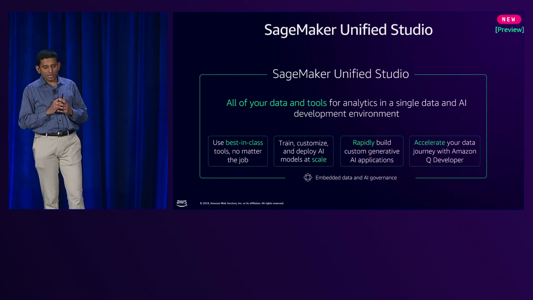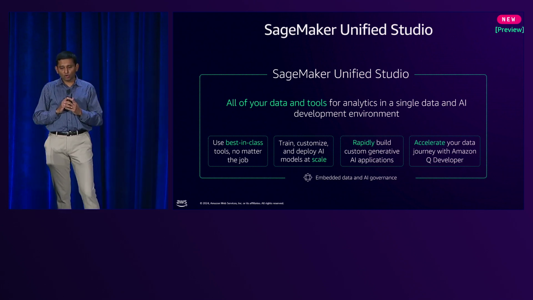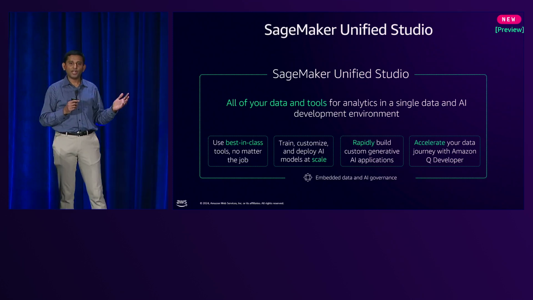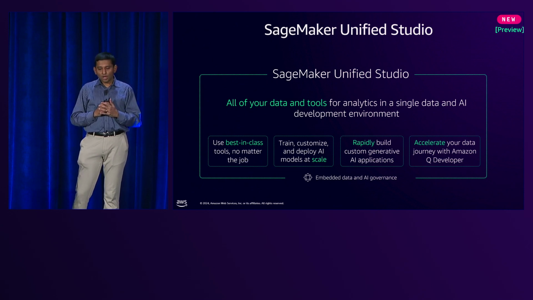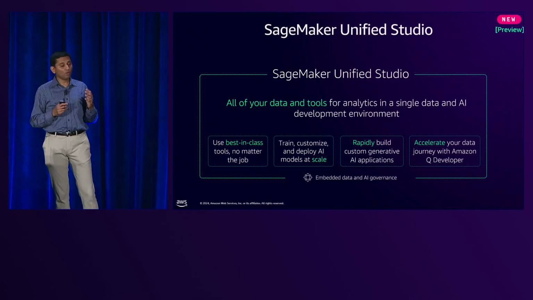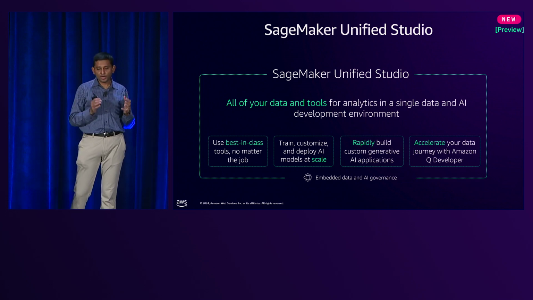So what is SageMaker Unified Studio? SageMaker Unified Studio gives you a single development experience across all of your data and tools for analytics and AI. You can transform how your data and teams collaborate in project spaces that put all of your governed data and your favorite tools at their fingertips.